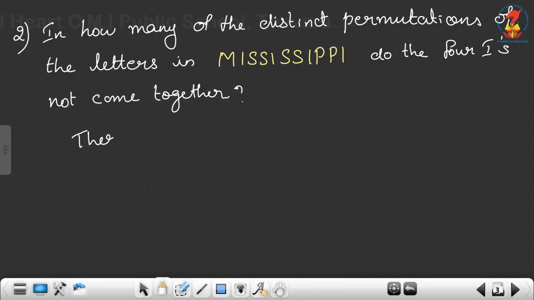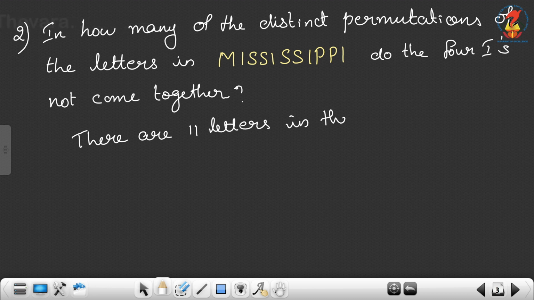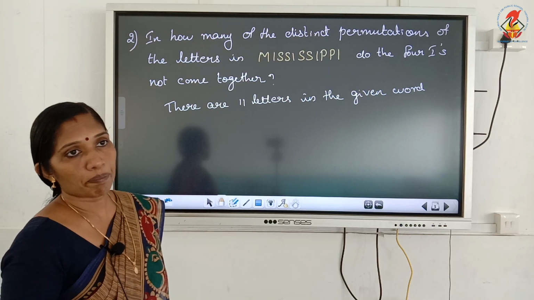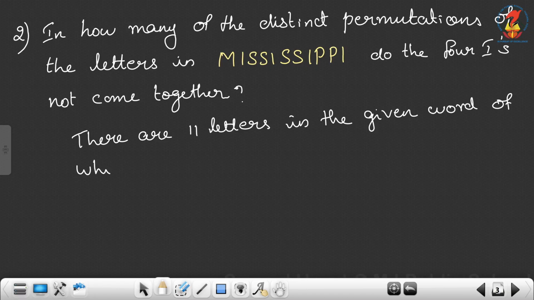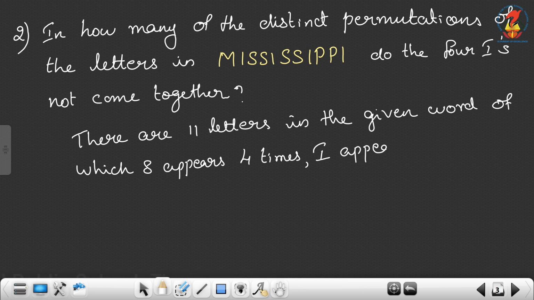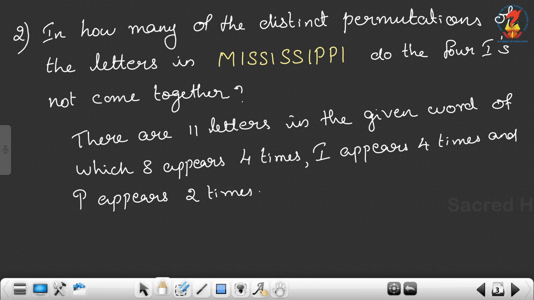There are 11 letters in the given word, of which S appears 4 times, I also 4 times and P 2 times.